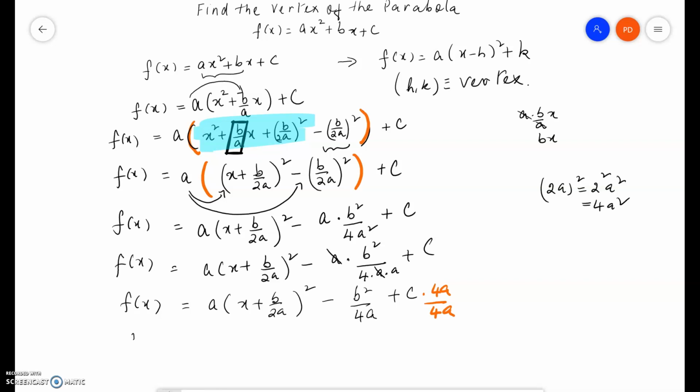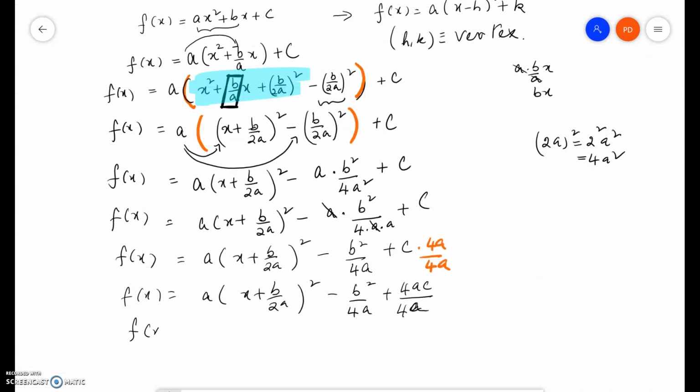So that would be f of x equals a times x plus b over 2a the whole squared minus b squared over 4a plus 4ac over 4a.